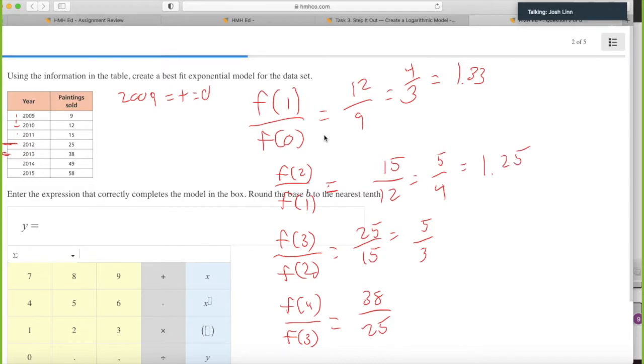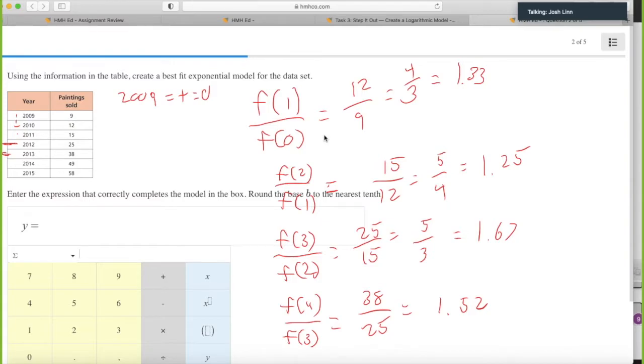I have an advertisement for TikTok on my calculator, which is annoying. 5 divided by 3, 1.6666, so 1.67. 38 divided by 25, 1.52. And if I was really good, I would do all of them. But you'll see that they're all kind of pretty close to the same number.